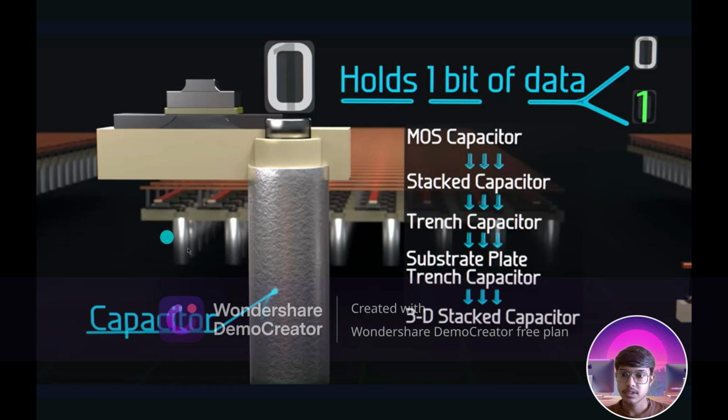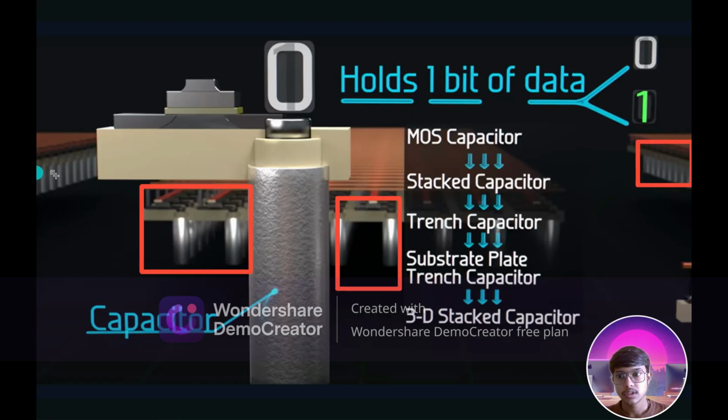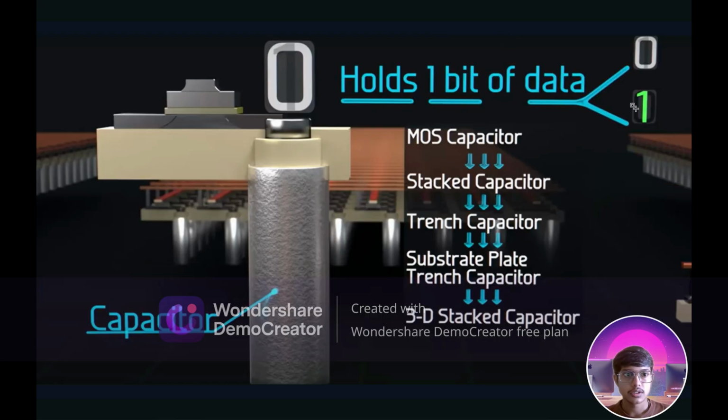Each capacitor in this image, and in the back you can see all of these also, can store only one bit. It holds either 0 or 1, either 0 or 1. Both can be held by a capacitor.